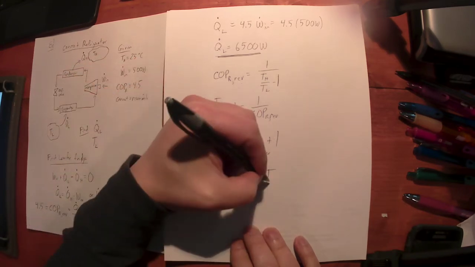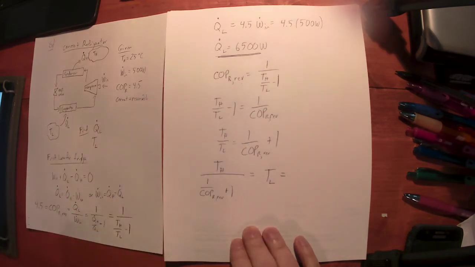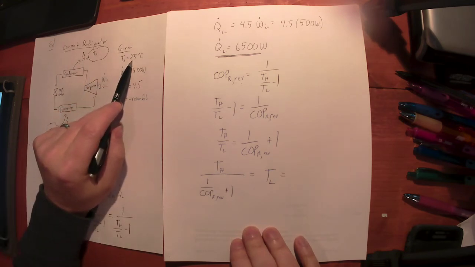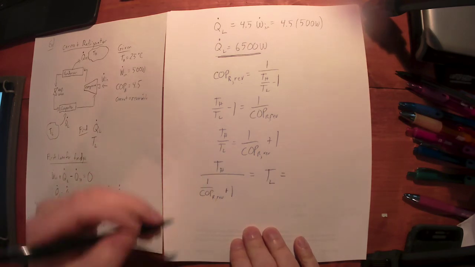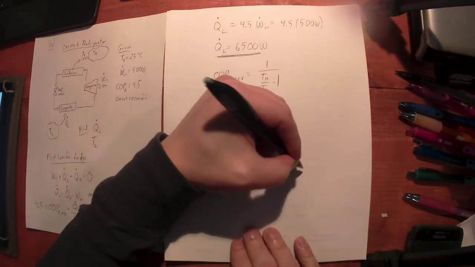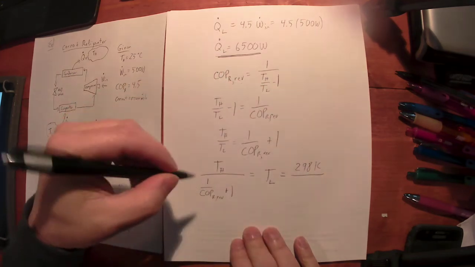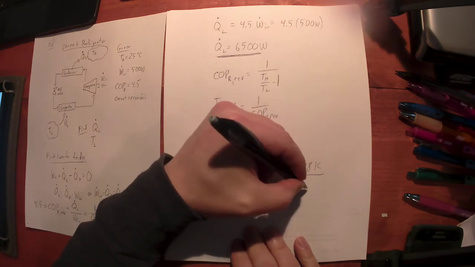That's plus 1. Right? Okay. TH. What is TH? It is not 25 degrees C. Right? Do not use Celsius or Fahrenheit when you're multiplying or dividing by temperatures. Period. You have to use Kelvin. When in doubt, use Kelvin. What is that? 298 kelvins. Okay? 298 kelvins over 1 over 4.5 plus 1.